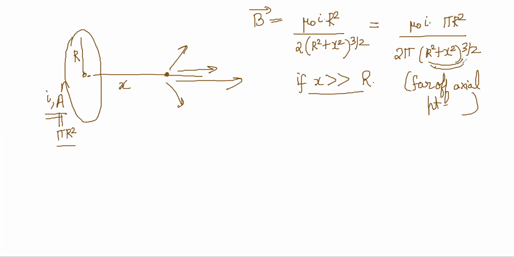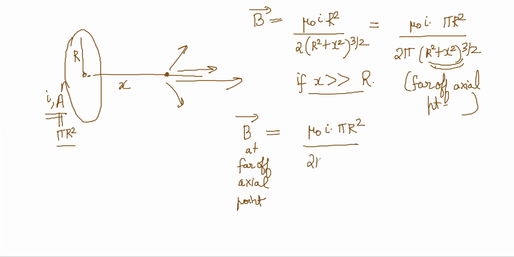Then this term will have just x cube, right? So B at a far off axial point will be equal to mu naught I into pi r square by 2 pi x cube, right?